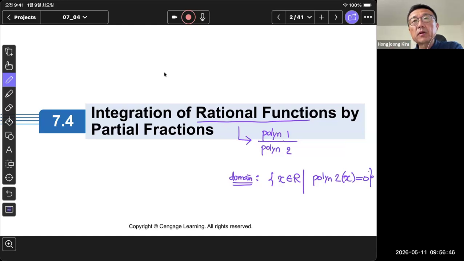If polynomial 2 is 0 at such x, then this rational function is not defined. I mean, it does not make sense because we have some value divided by 0, which is not defined. So as long as the denominator is non-zero, then every x on the real line will be included.